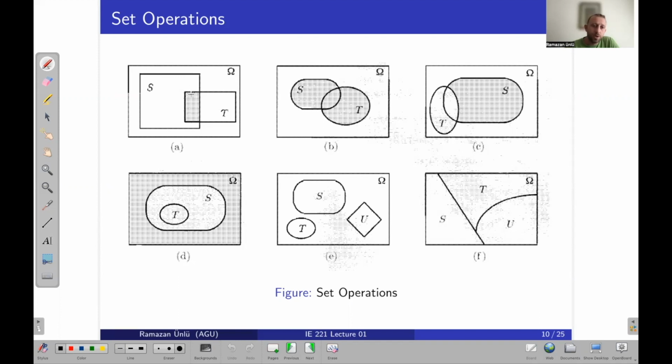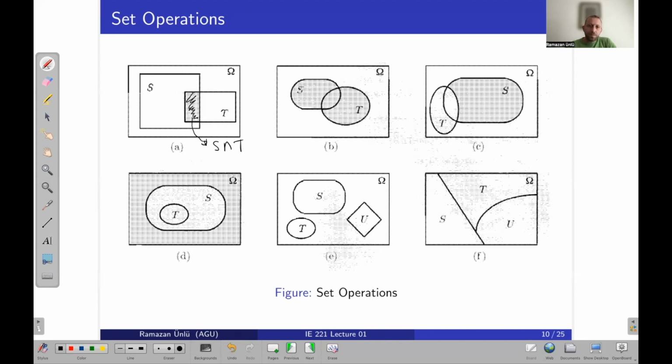The shaded region here is the common region between the event S and the event T. So we call this S intersect T, because these are the common points.